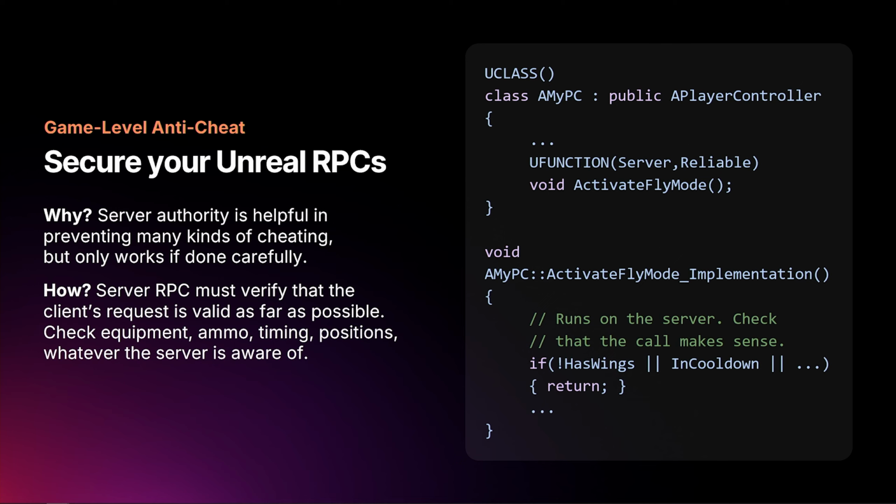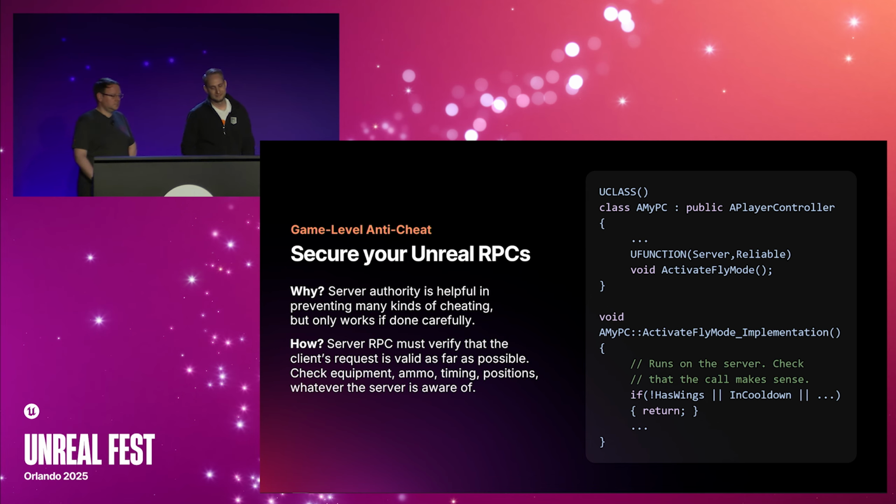So I've got an example on the right, which is hypothetical. Let's suppose in your game it's possible for players to fly in certain circumstances if they have the right equipment and they are calling it with the right timing, then they can fly. When you're doing testing and QA and stuff like that, you will have written your game client to only invoke this RPC at an appropriate time.